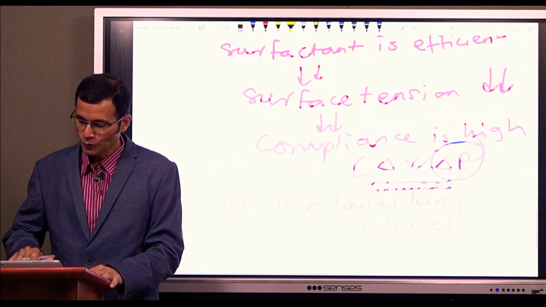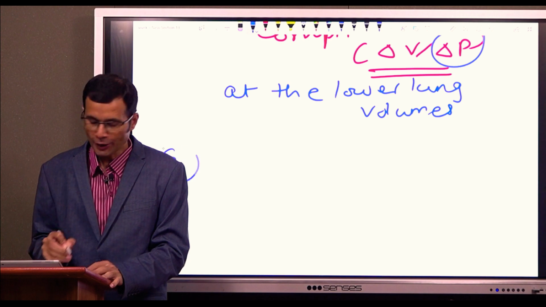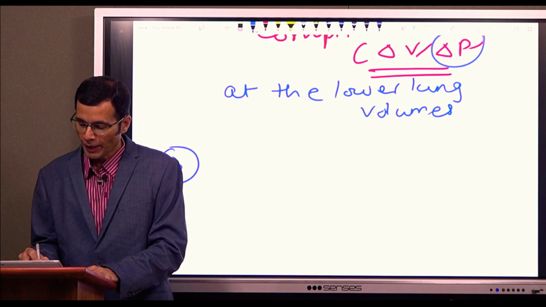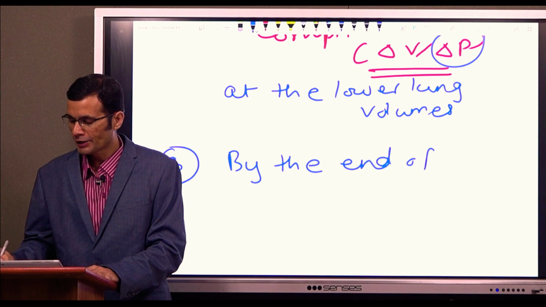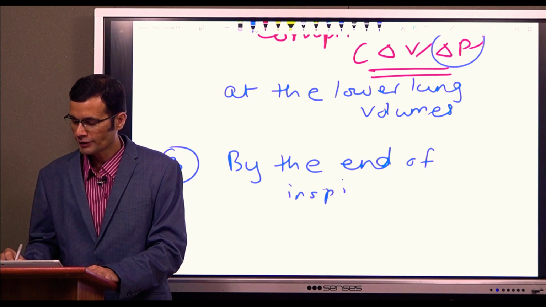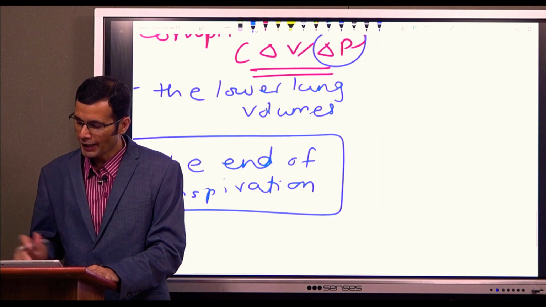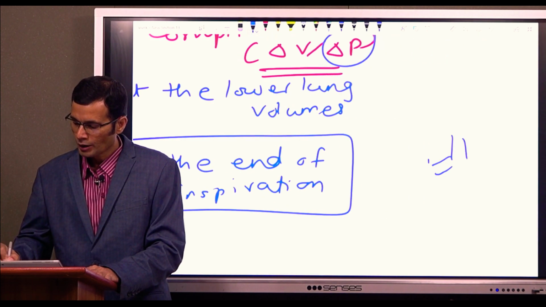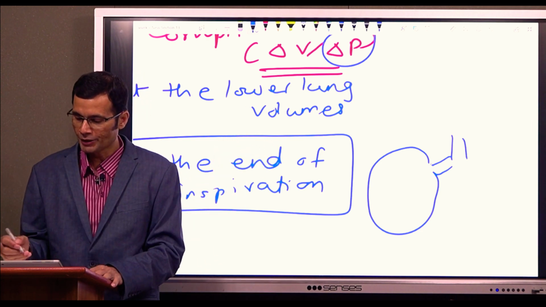Now, point 2. The next point, point B, is that by the end of inspiration, see what is the situation. Now that you have inspired the air, the alveolus increases in diameter.